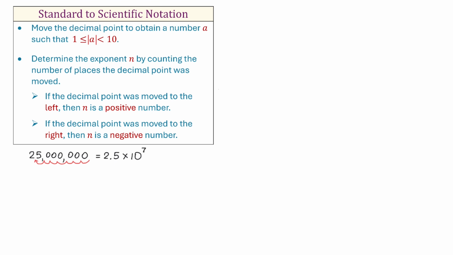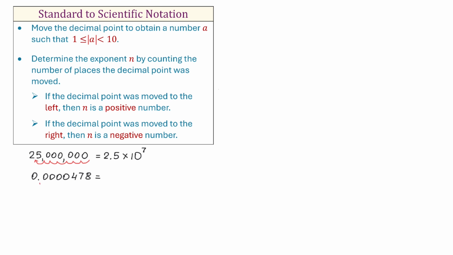Now let's convert the number 0.0000478 to scientific notation. In this case, to obtain a number that is greater or equal to 1 and less than 10, we need to move the decimal point to the right.